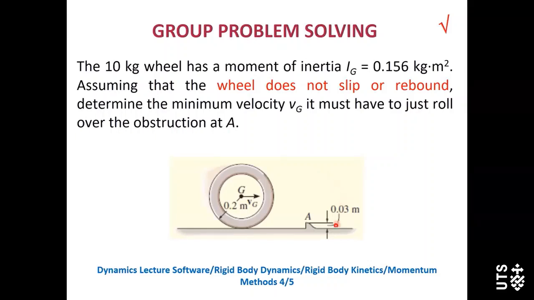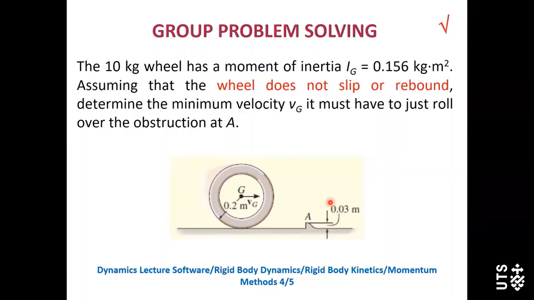After hitting the obstruction, the wheel will be rolling over the obstruction and its position will become higher. It means the gravitational potential energy of this wheel will be increasing while its kinetic energy will be consumed. So the velocity of the wheel will be decreasing before the wheel reaches its highest position.